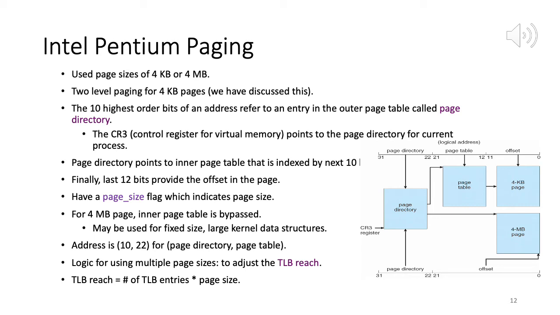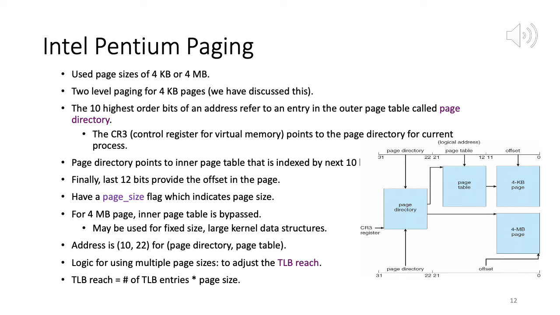So here's the address given, bits 0 to 31, a 32-bit address. The highest 10 order bits map to the outer page table. 10 bits, which means the page directory has how many entries? 2 raised to 10. Same as the example we discussed. The example that we discussed was actually for the Intel Pentium chip.